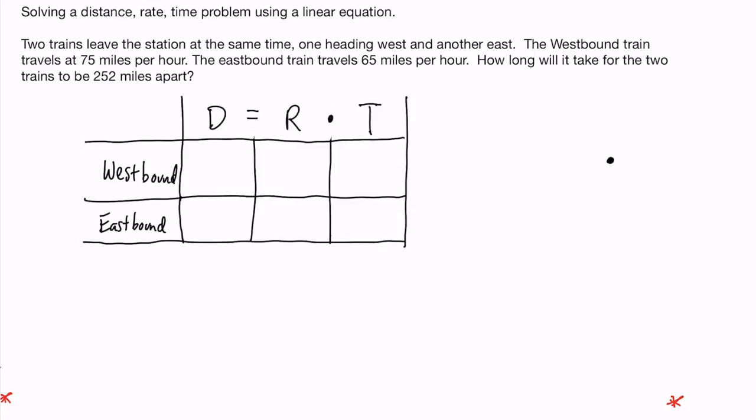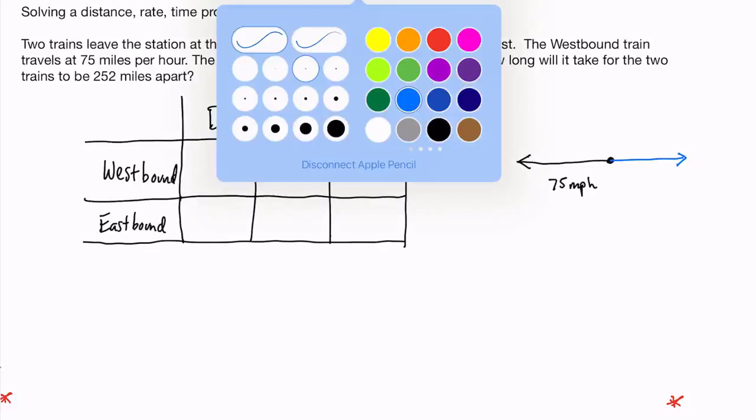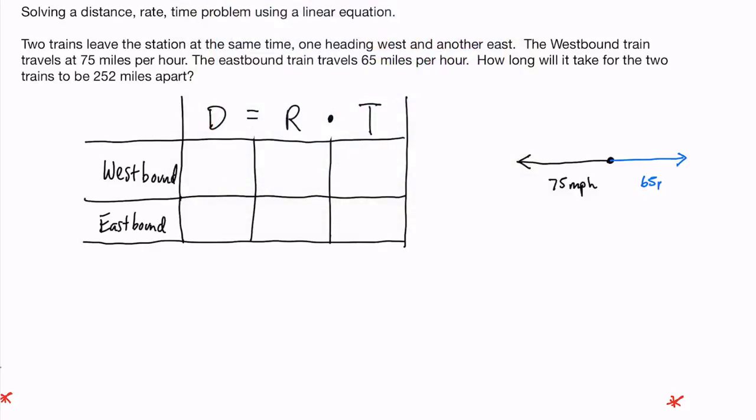Which arrow is bigger? The arrow going west is bigger. And then we have another arrow going this way. The train going this way is a little bit shorter. How do I know the one going west is bigger? Because it's actually 75 miles per hour. And the one in blue is a little bit shorter because it's 65 miles per hour.